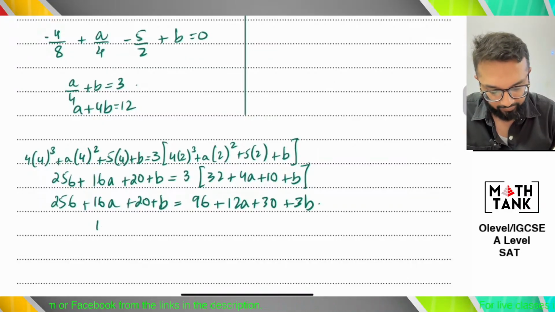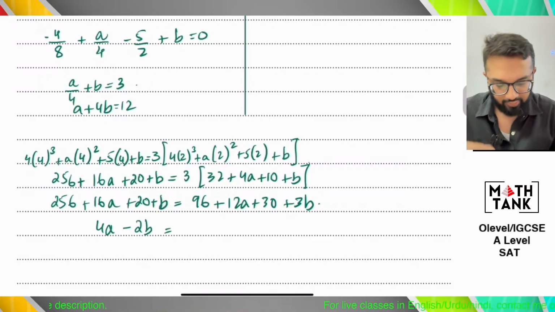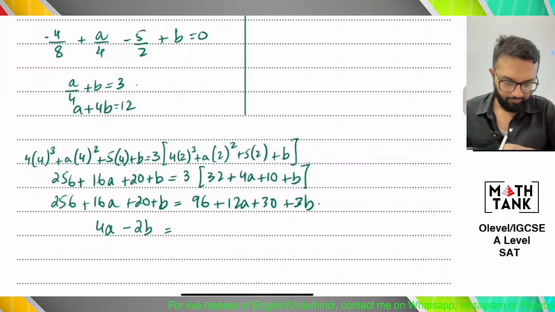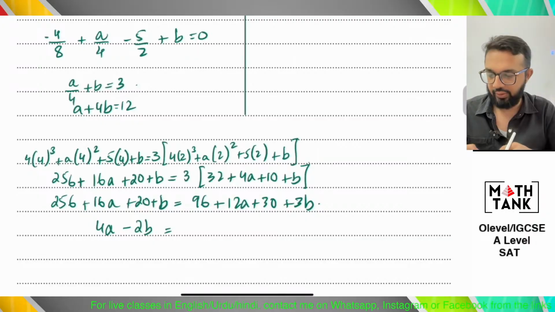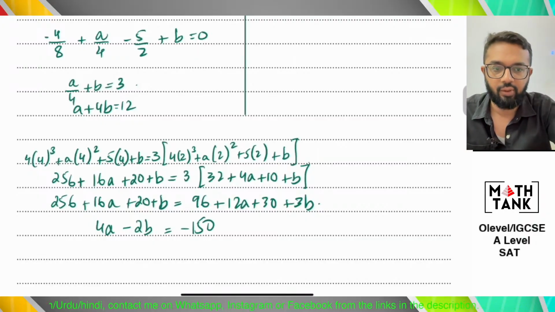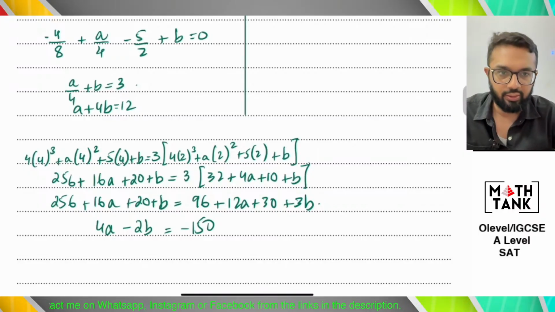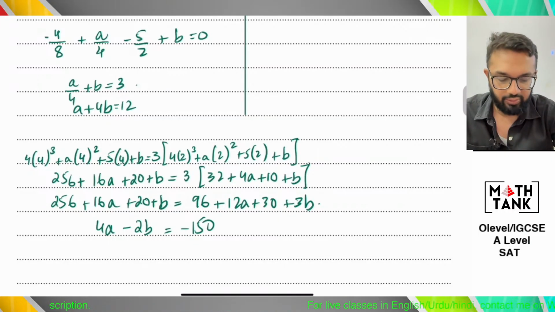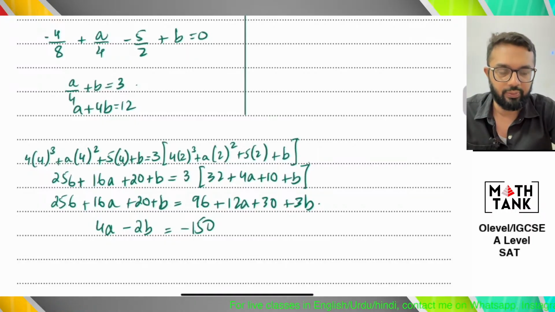Okay, 4a minus 2b, 96 plus 30 minus 256 minus 20 gives you minus 150. I hope that's the correct equation that I'm looking at. Yeah, that is also fine.